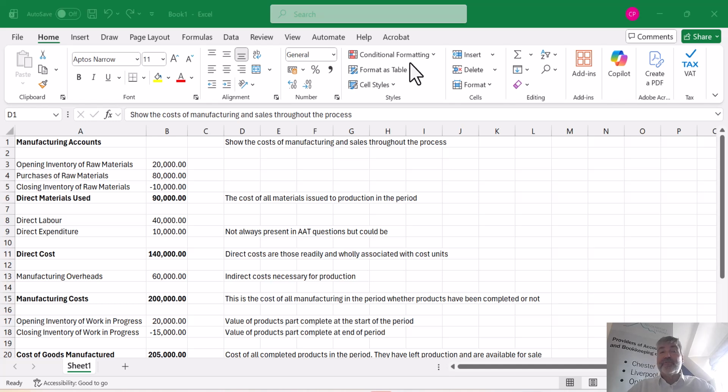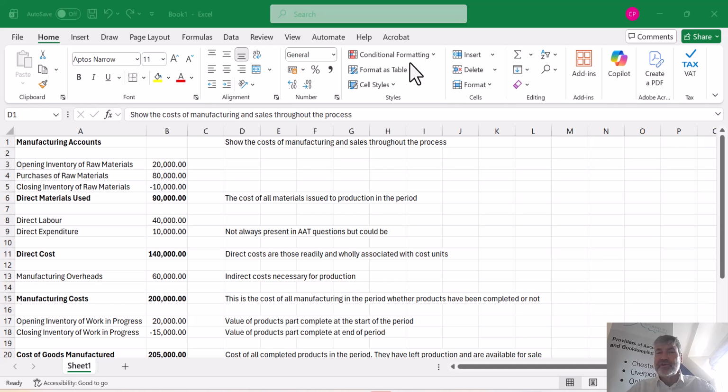And I'm sure you know from your studies that those costs will include both direct production costs and indirect production costs. So if we imagine our factory, we want to know the cost of all manufacturing production that's happened in that factory for the financial period we're looking at.